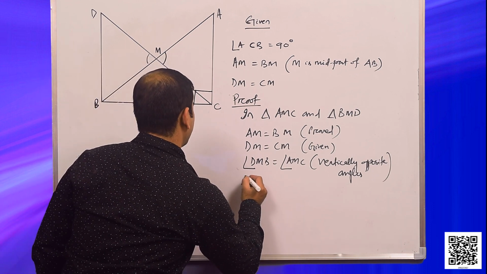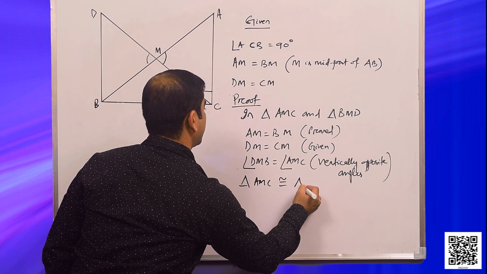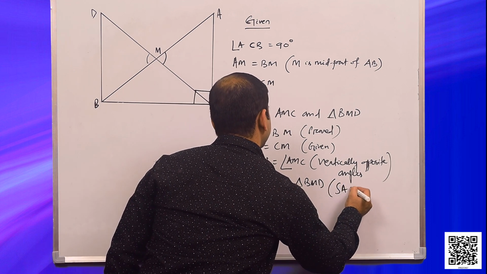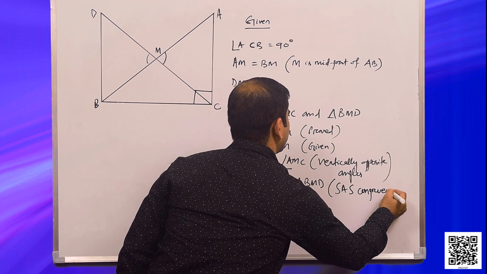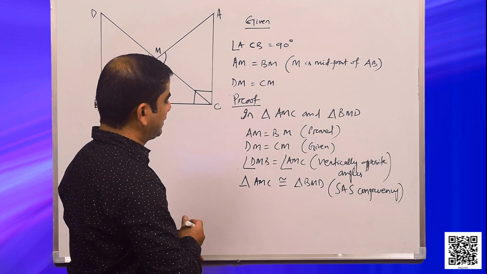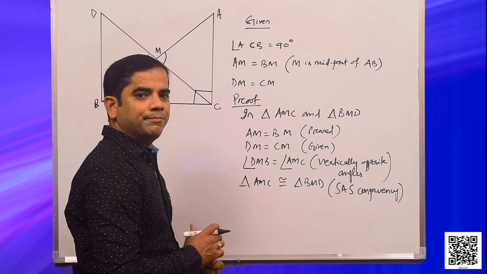So, that is why triangle AMC is congruent to triangle BMD by SAS congruency. Fine. So, we have proved the first bit, that is triangle AMC is congruent to triangle BMD.